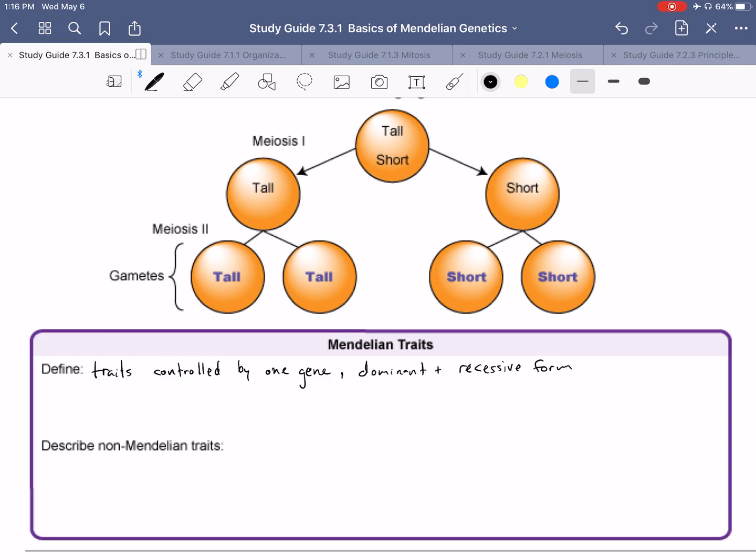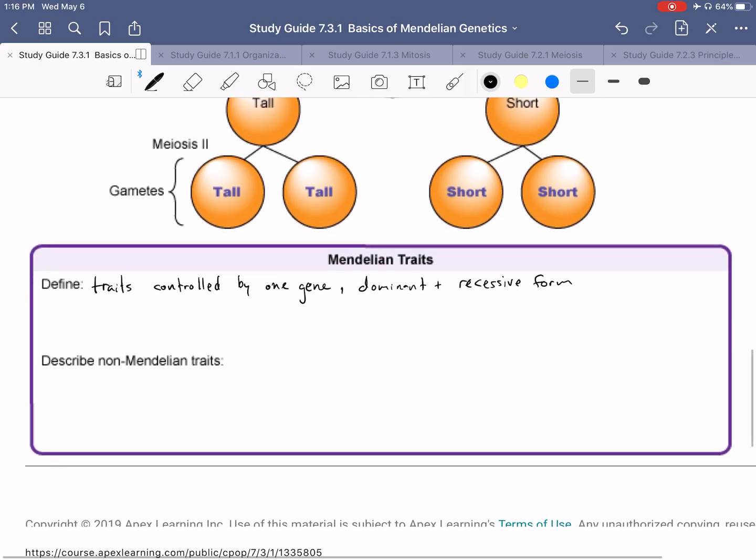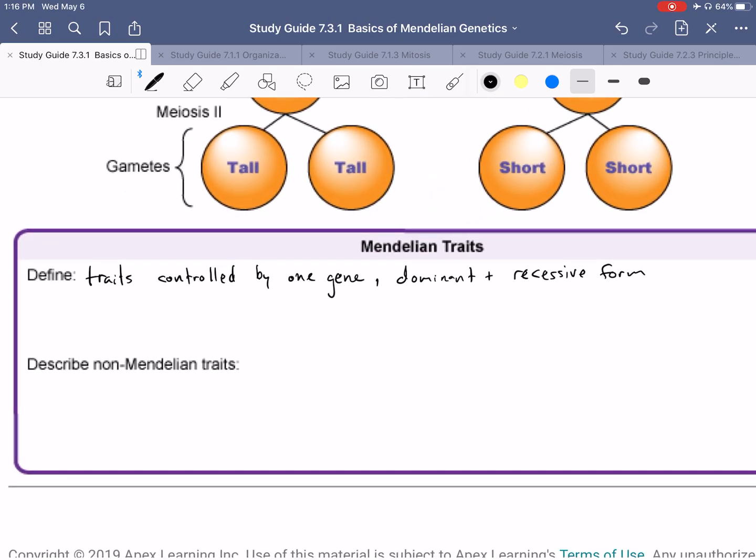So let's go to page 16, and then let's fill in, describe non-Mendelian traits. So traits that don't fit or don't follow Mendel's patterns.